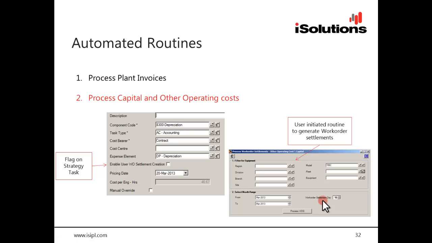Maybe it's the first of the month or the last of the month, but you have control. The system's not going to at month end automatically run this. Generally, the administrator would check that you've got the correct utilization entered into AMT, so that when you do run this routine, you know that you're calculating everything accurately.